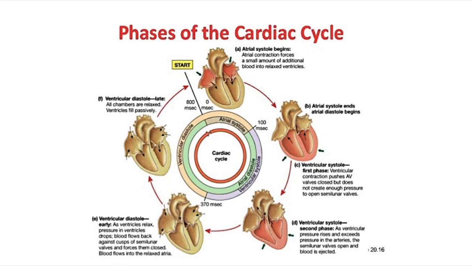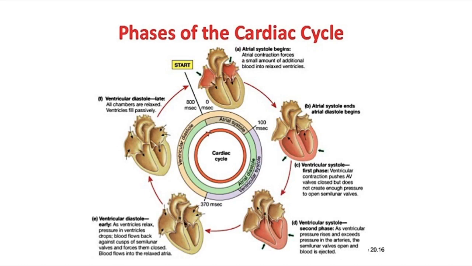After this brief delay, the AV node triggers its own electrical impulse, which quickly spreads to the ventricular muscle via the AV bundle, the bundle branches, and also the Purkinje fibers. And this spread results in a wave of contraction which sweeps upward from the apex of the heart and across the walls of both ventricles, pumping the blood into the pulmonary artery and the aorta.